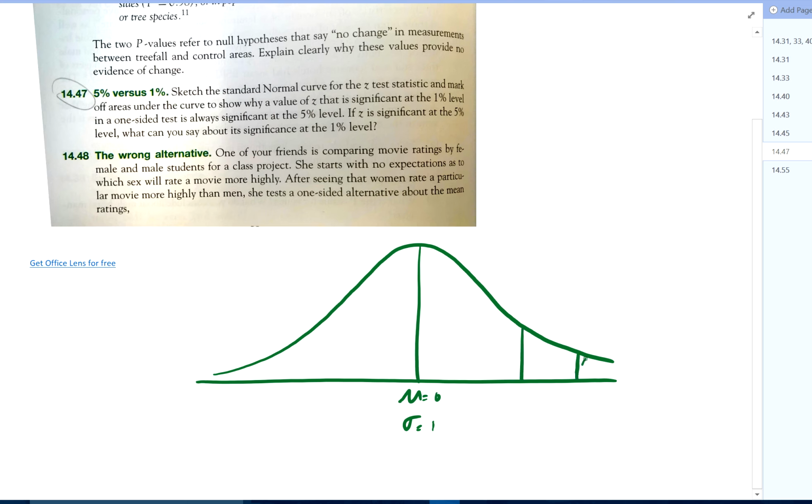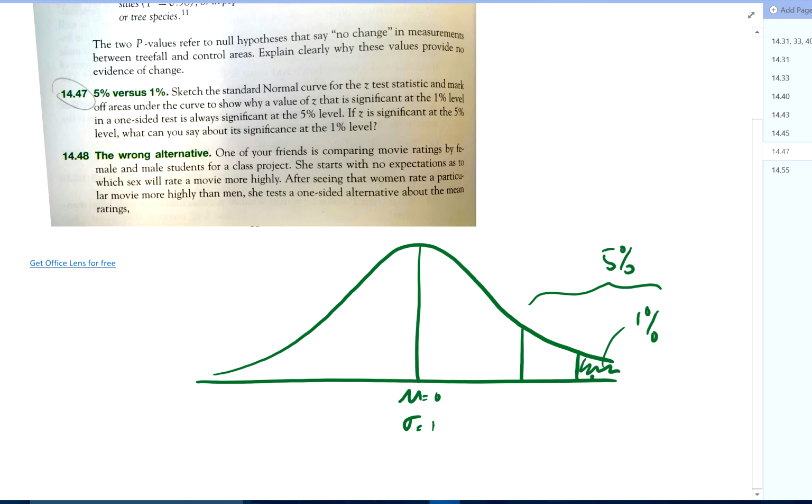Well, here is 1%, and then this area here, if that's 5%. If you get a z score that's significant at the 1%, it is always significant at the 5%.